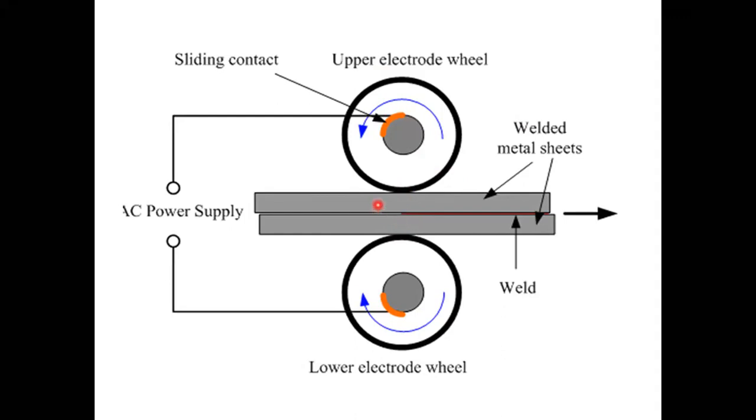And whenever this roller is rotated, then these two plates are moving from one side to the other side. So throughout a line it will be joined. Okay, this is the main aim of this seam welding.